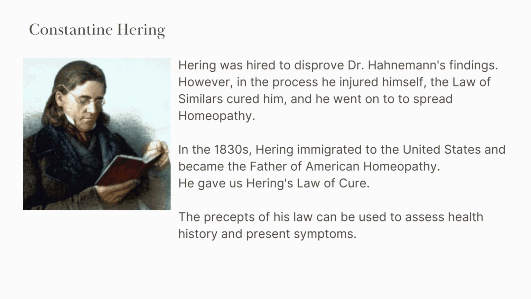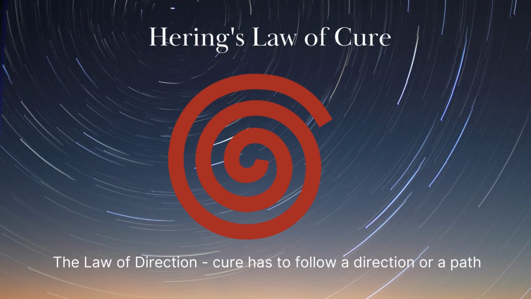The precept of his law can be used to assess health, history, and present symptoms. So let's break this down and understand. See, this beautiful spiral really helps understand what on earth Hering's Law of Cure is. It's basically the law of direction. Cure has to follow a direction or a path. And perhaps this is a version of sacred geometry, right?